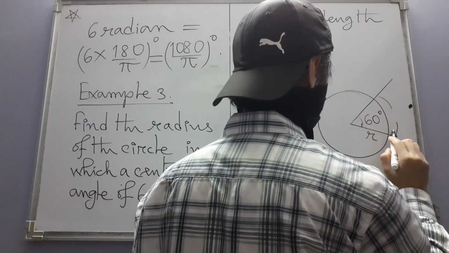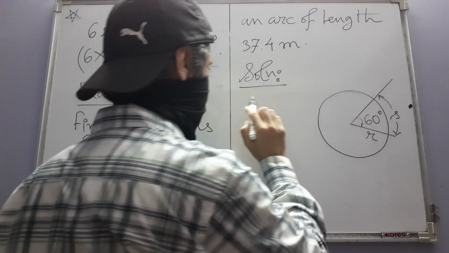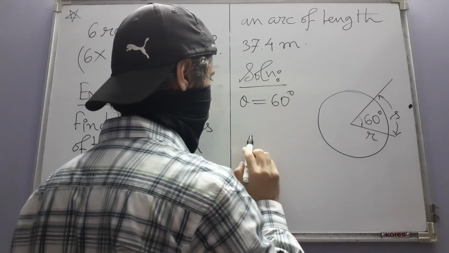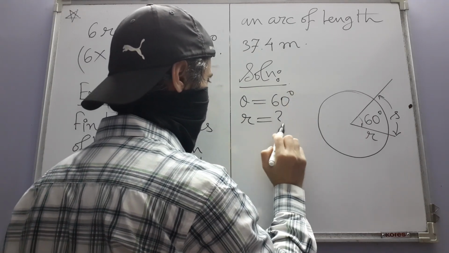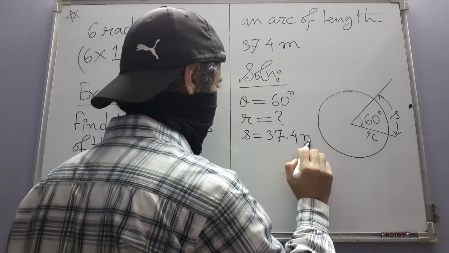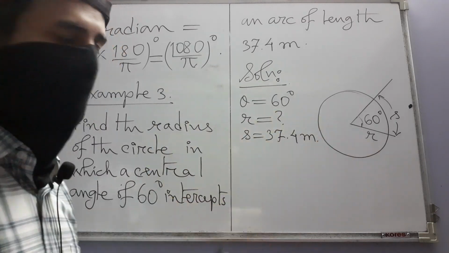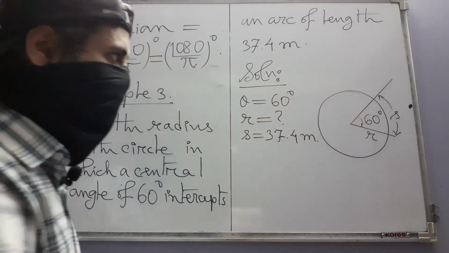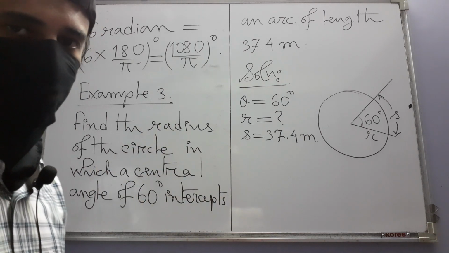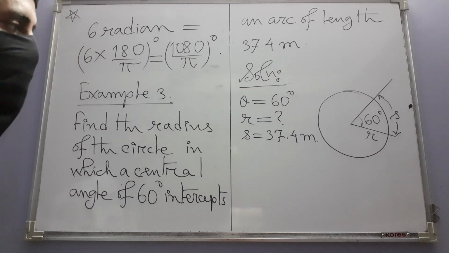So this is the arc length S, and the things we have here are theta equal to 60 degree, R has to be found, S is 37.4 meter. You do understand that you should not write exactly like this. You have to write in words the things that are given, that you have to find the radius. Okay, I am not going to elaborate on that, since that is just about language, about which you already know.